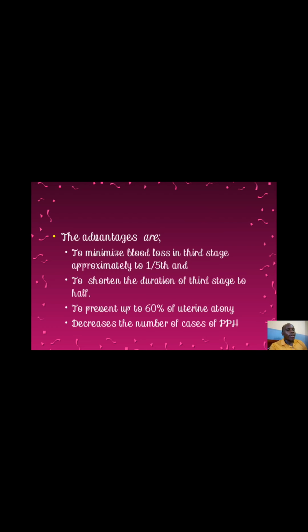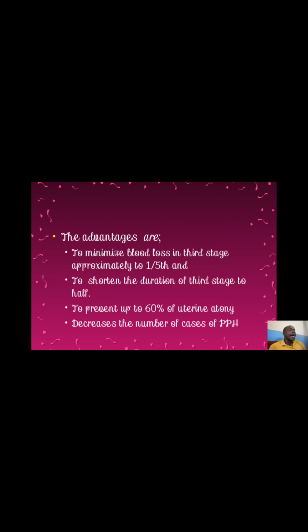Lakini pia oxytocin administration is to shorten the duration of the third stage of labor. Tunapunguza ule muda, kwamba normal range ni 5 hadi 15 minutes. But also oxytocin is to prevent up to 60% of uterine atony. Mama asipate poor uterine action.